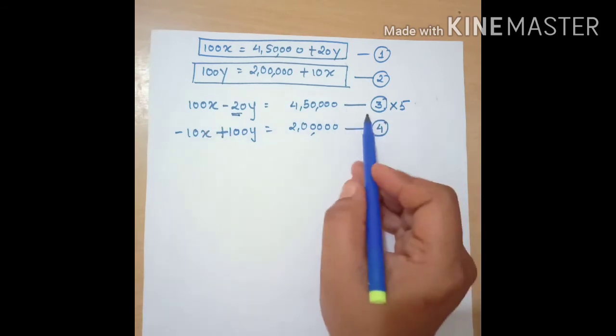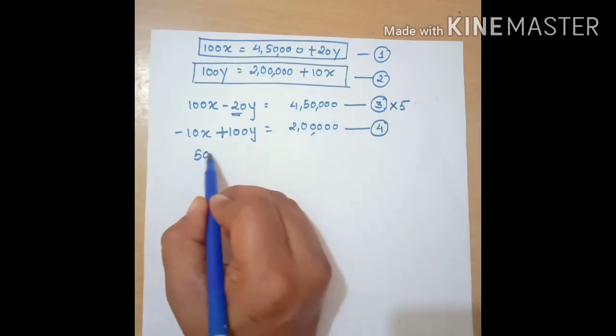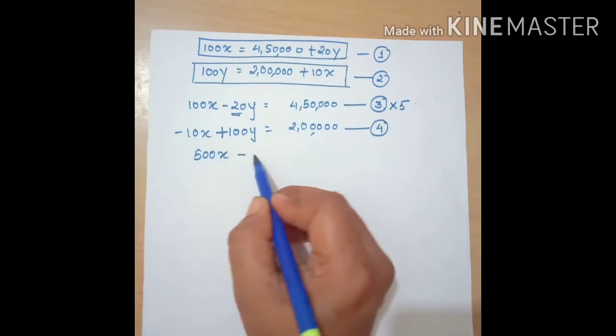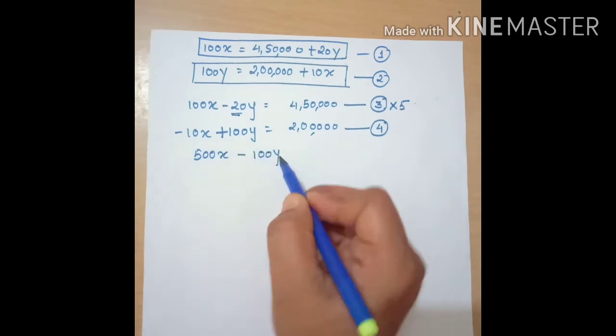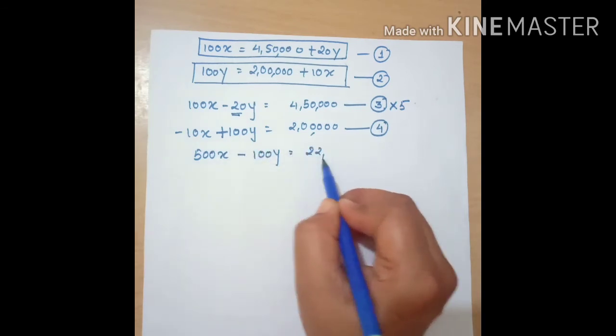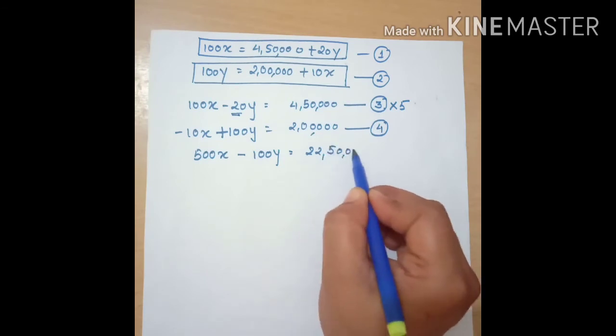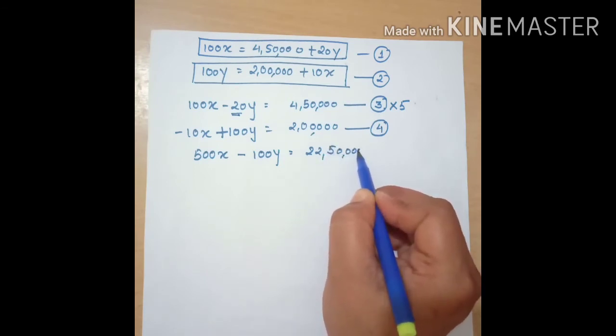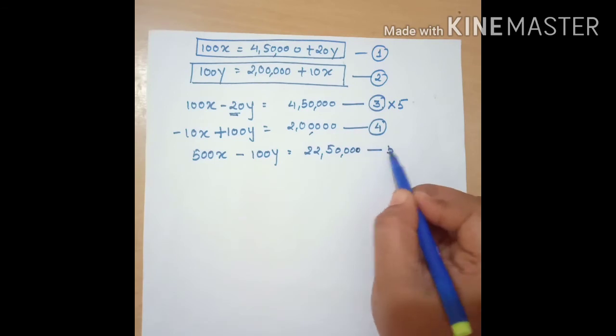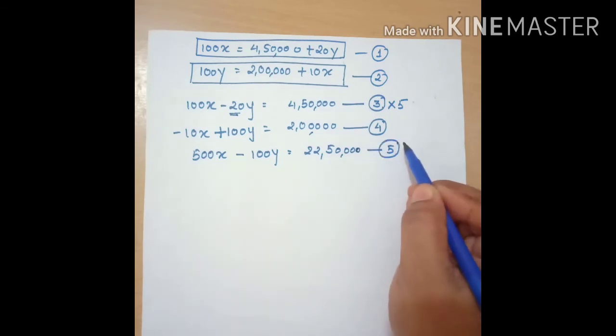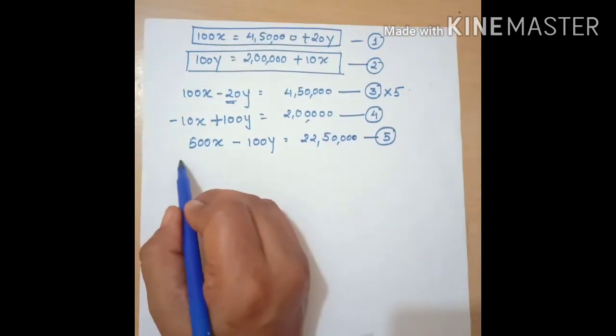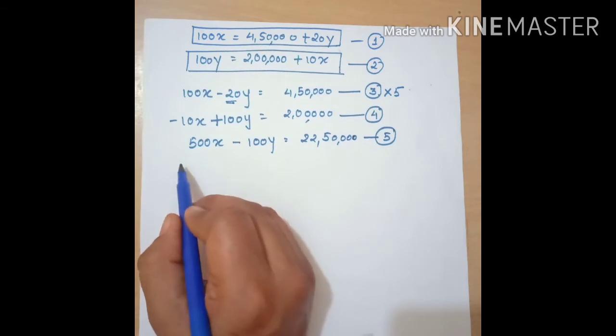So when you multiply the equation, your answer will come 500X minus 100Y is equal to 22,50,000. Now this is your equation number 5. Now we have to subtract equation number 4 from equation number 5.